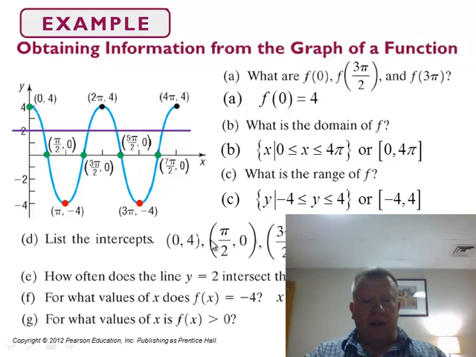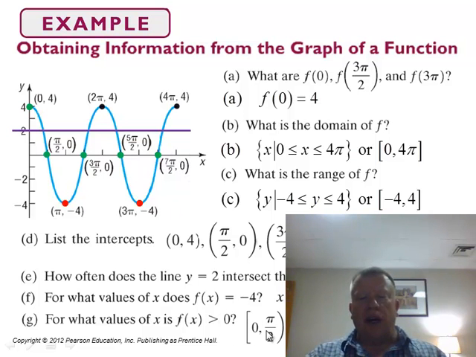For what values is the function positive? Well, take a look right here. So as long as x is greater than or equal to 0 but less than pi over 2, the function is positive. And also when x is greater than 3 pi over 2 but less than 5 pi over 2, and also when x is greater than 7 pi over 2, you'll have the function being positive.